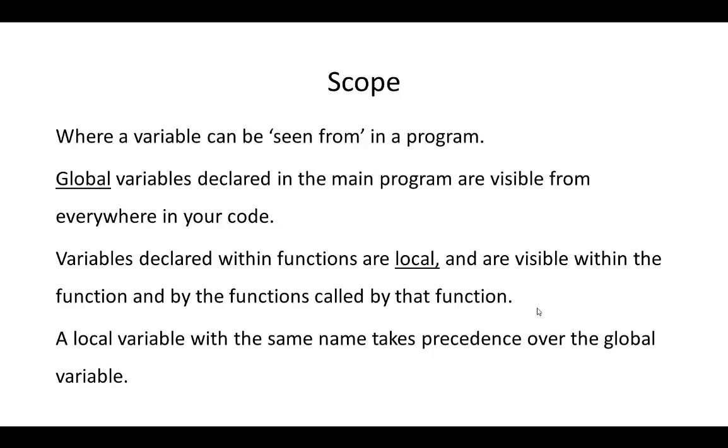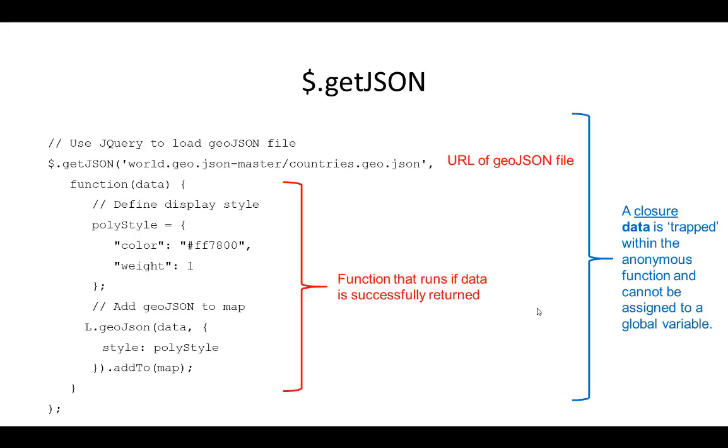Down here is a function, and I'll talk about why the function's there and what it's doing in a minute. There to there is the function, and there's only one variable declared in this function, polystyle, which is within the function definition, and that polystyle is not visible anywhere else in the program.